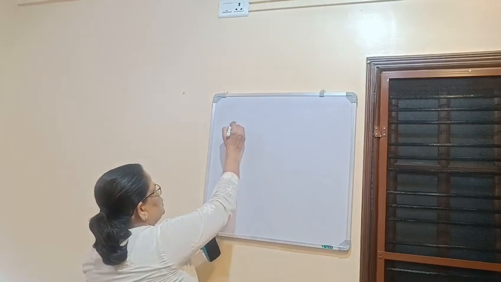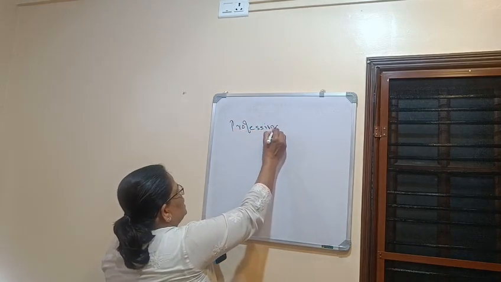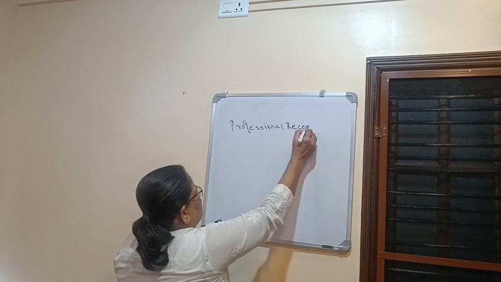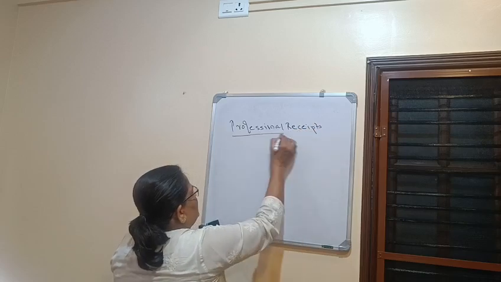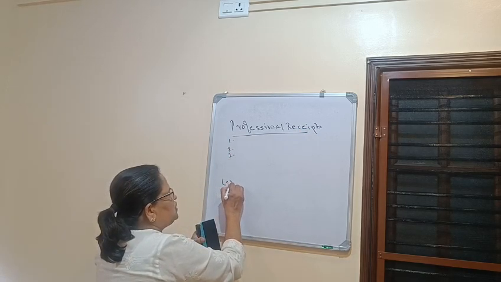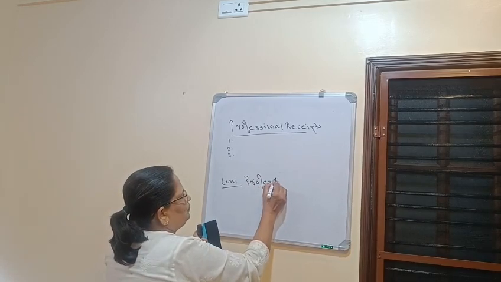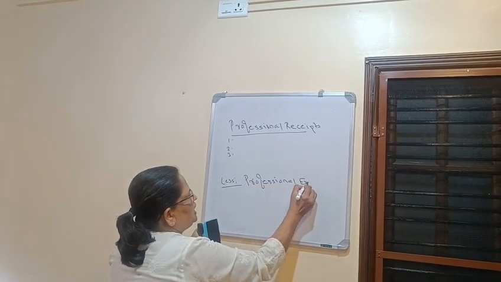So all the statements you have to remember: professional receipts, professional receipts, professional receipts. We will underline and write 1, 2, 3, 4 like this. Then less professional expenses, less professional expenses, professional expenses.